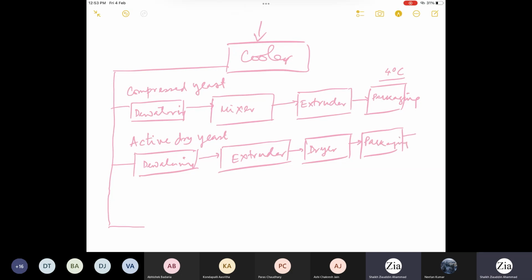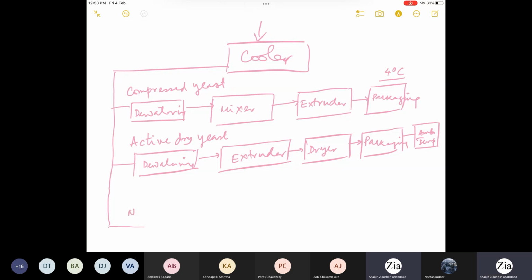And this one you can maintain at ambient condition, because the moisture content is less, so you need not spend too much effort to prevent spoilage of this.